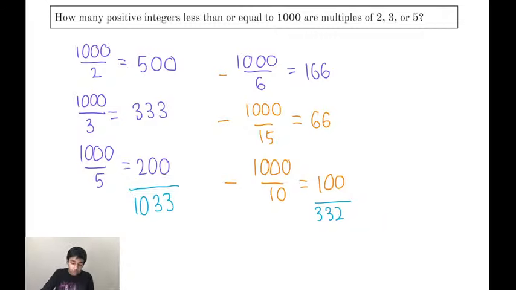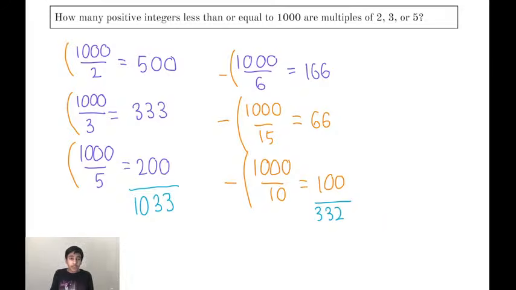Except, there's still one thing that we're missing here. The thing that we're missing now is that there's some numbers that are multiples of 2, 3, and 5, or multiples of 30. So the multiples of 30 are counted as part of the multiples of 2, as part of the multiples of 3, and as part of the multiples of 5 in the beginning. But then, they're also subtracted as part of the multiples of 6, multiples of 15, and multiples of 10.